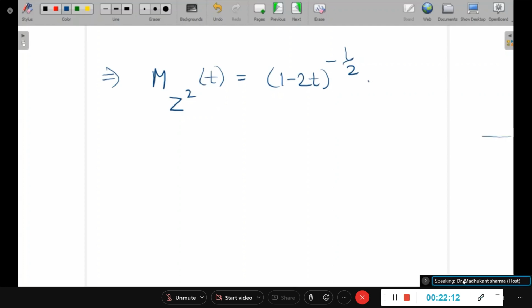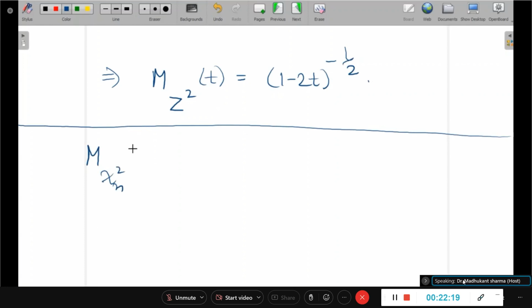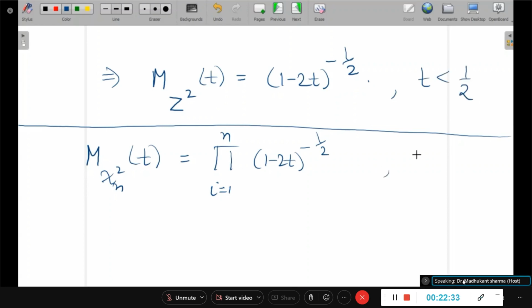Now with all this story, if I go back and check, m chi n square of t is equal to the product for i equals 1 to n of 1 minus 2t to the power minus 1 by 2. Obviously, this t less than 1 by 2 goes parallel here. Okay, and this is going to be 1 minus 2t to the power minus n by 2.